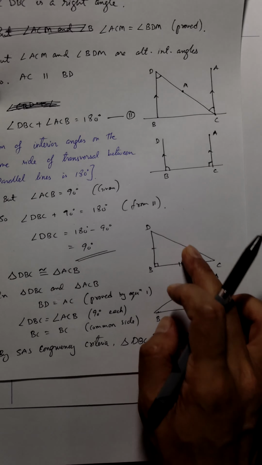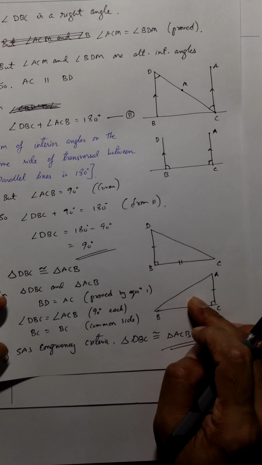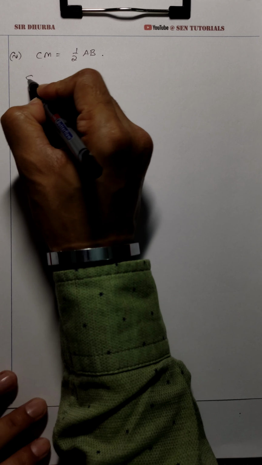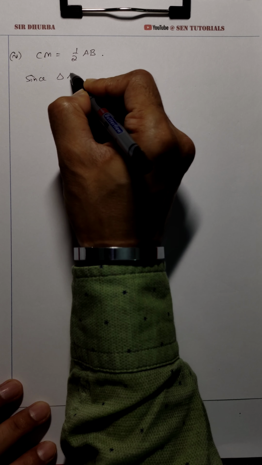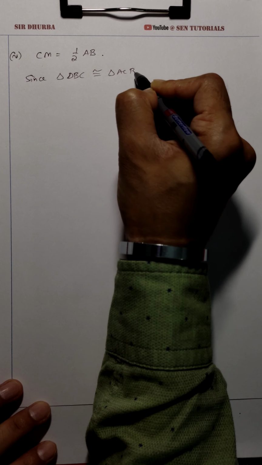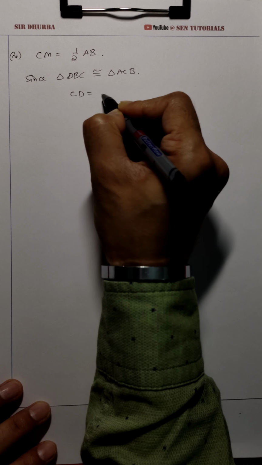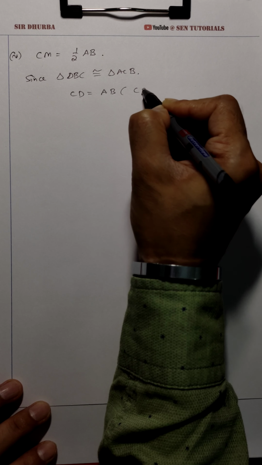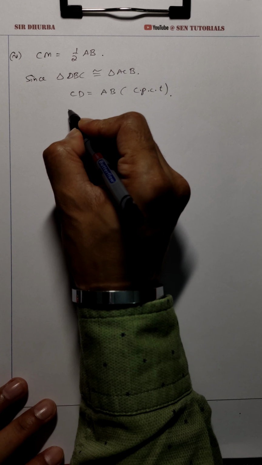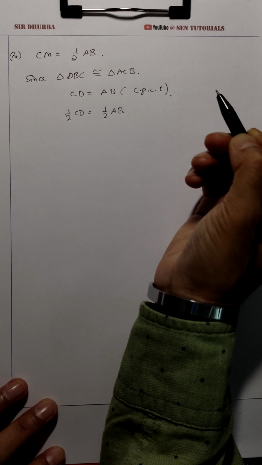Since we have proved that these two triangles are congruent, since triangle DBC is congruent to triangle ACB, CD is equal to AB, corresponding parts of congruent triangles. So if we divide by half on both sides, half of CD is equal to half of AB.